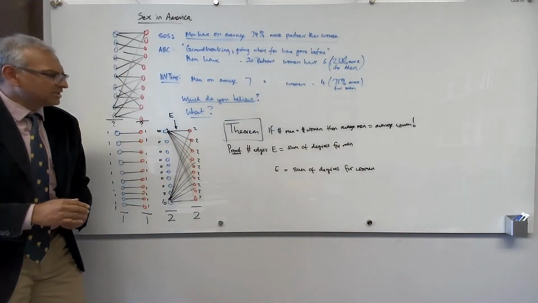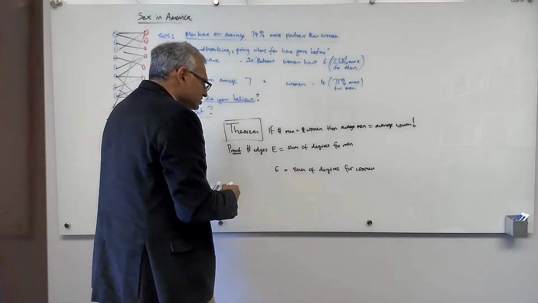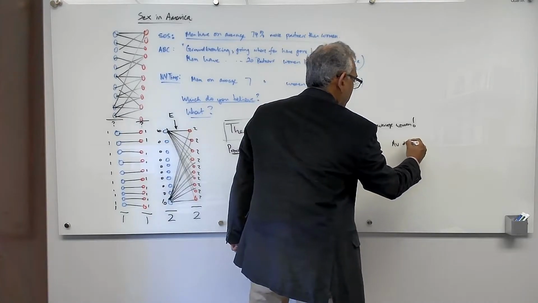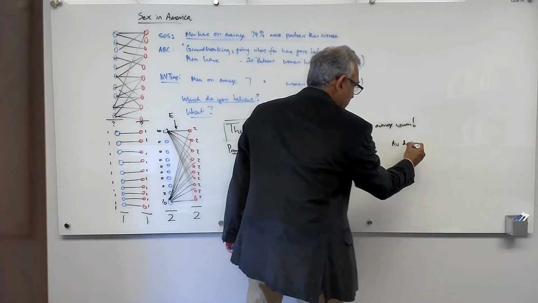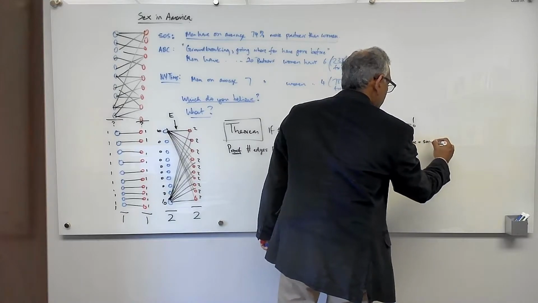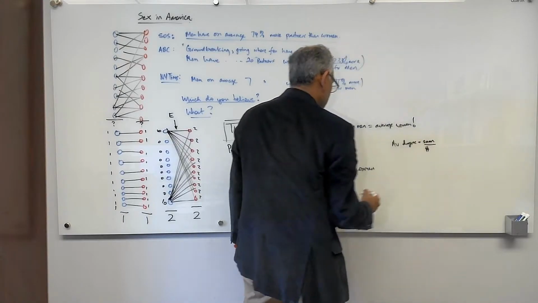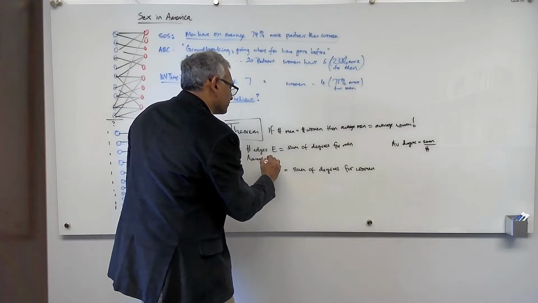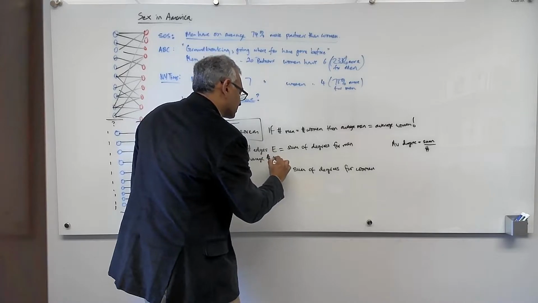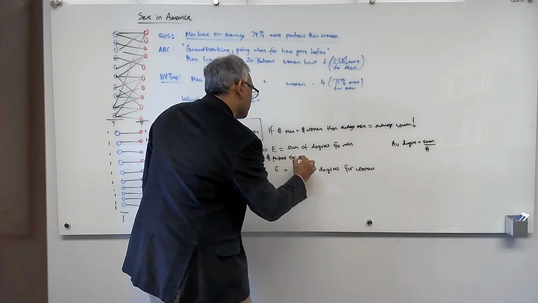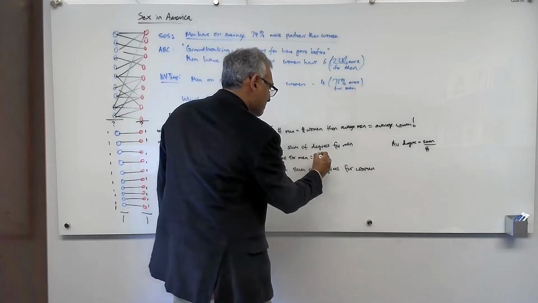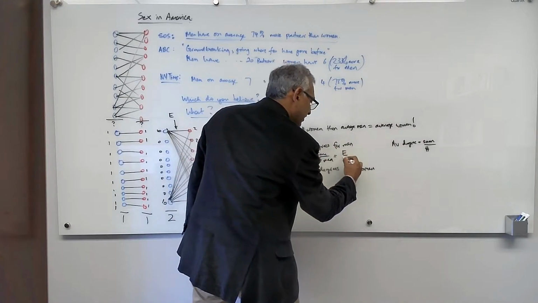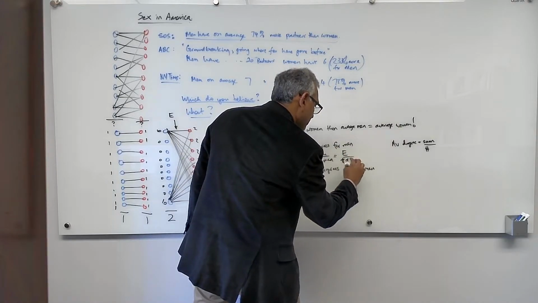But the average degree, or the average number of partners, equals sum divided by number. So the average number of partners for men equals the sum over the number of men, which equals E divided by the number of men.